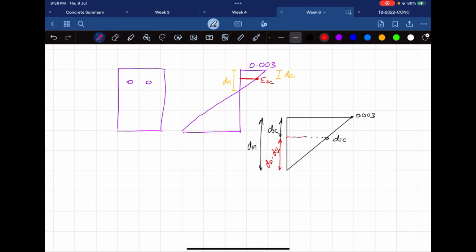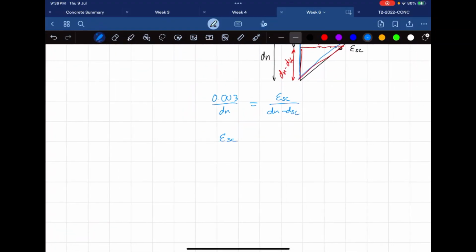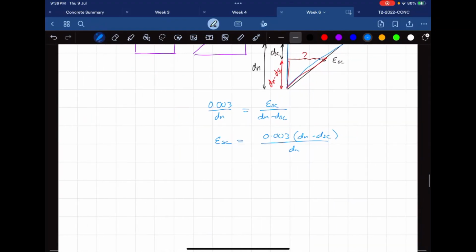So we've got one triangle here with an unknown side, and we've got another triangle up here with both known sides. So 0.003 all over dn is going to be equal to our unknown, which should have been epsilon SC, all over dn minus dsc. Just rearranging for epsilon SC, it's 0.003 times dn minus dsc all over dn. And that's how we get it.